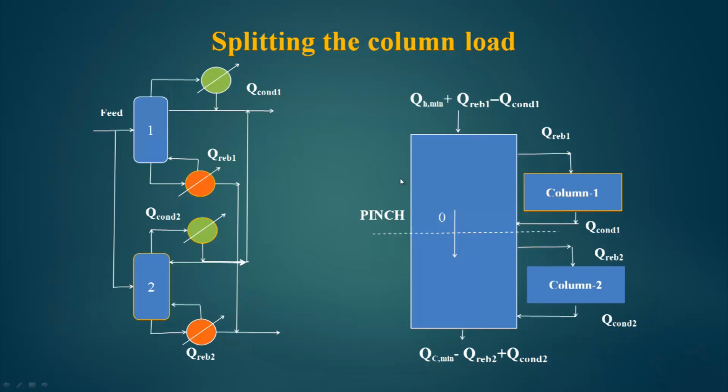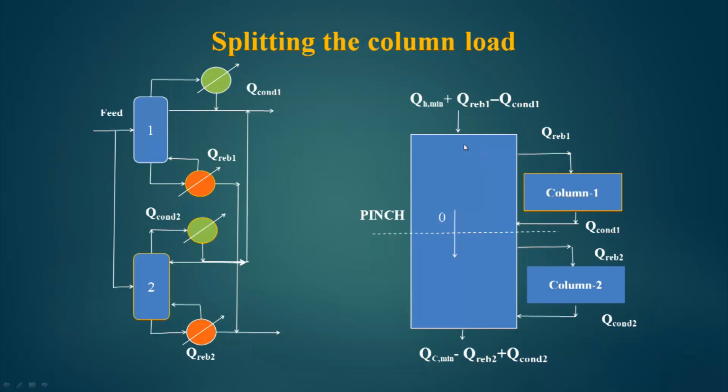So, here this is the process which requires QH minimum and QC minimum as hot and cold utilities. When I integrate column 1, I take Q reboiler 1 from this and send the Q condenser 1. Similarly, I take Q reboiler 2 and Q condenser 2 to this.